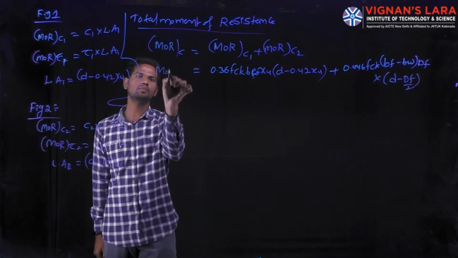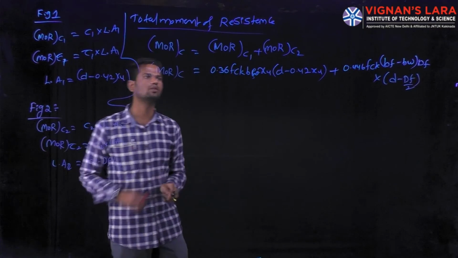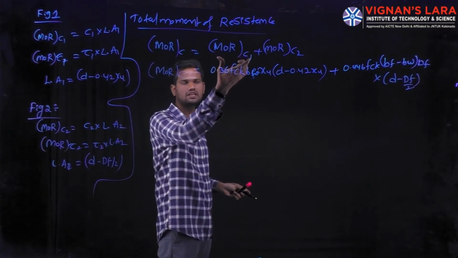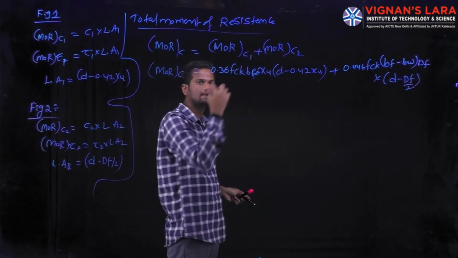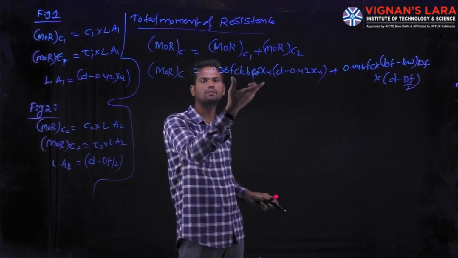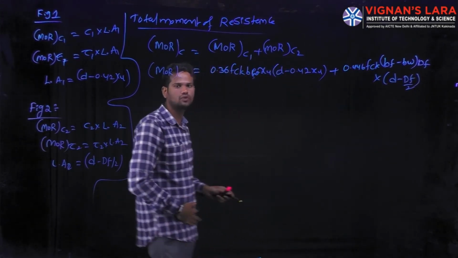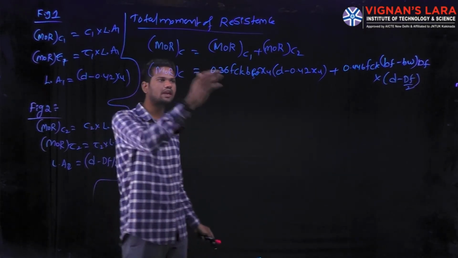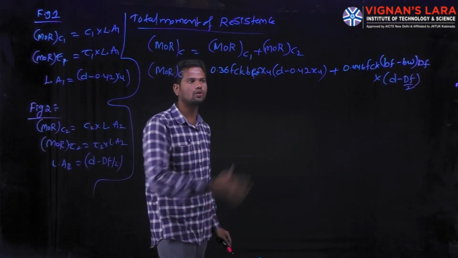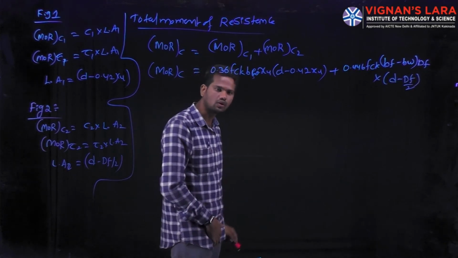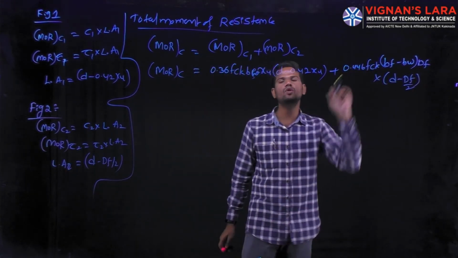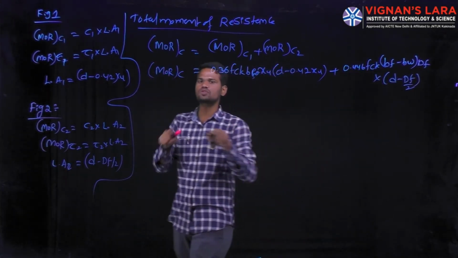This total moment of resistance for the compression equals the moment of resistance for C1 plus the moment of resistance for C2. Moment of resistance is nothing but the total compressive force into the lever arm distance. Already the total compressive force 0.36 into FCK into BW into XU we know, and this D minus 0.42 XU we also know. The second force is acting in the flange portion.